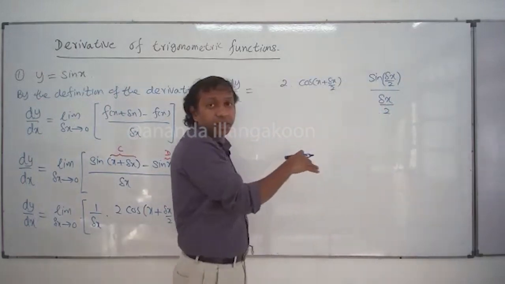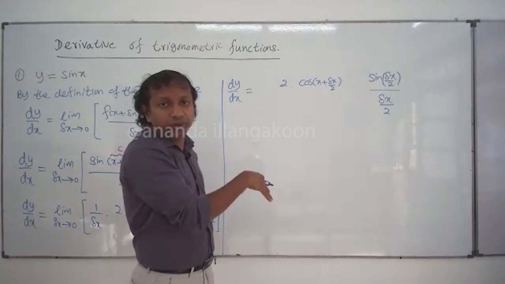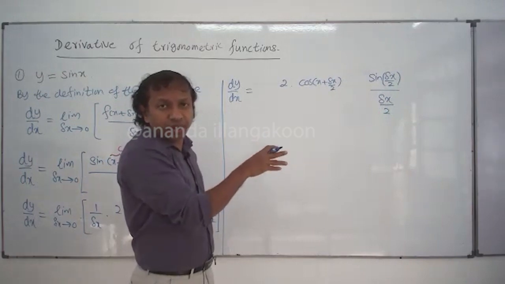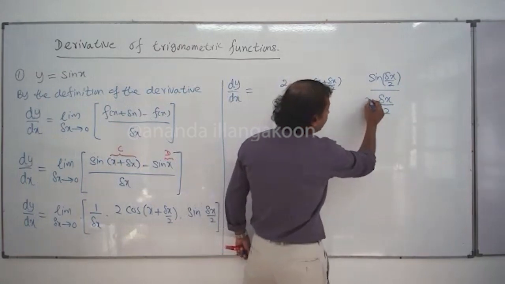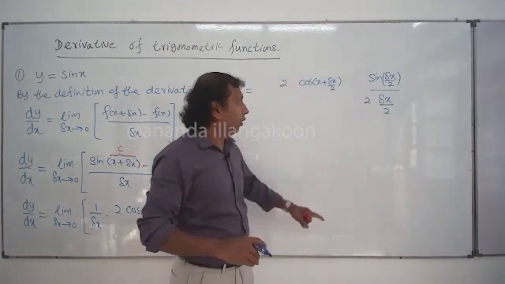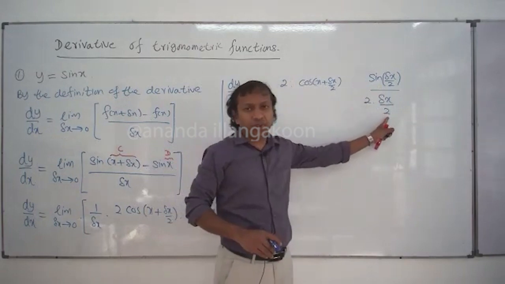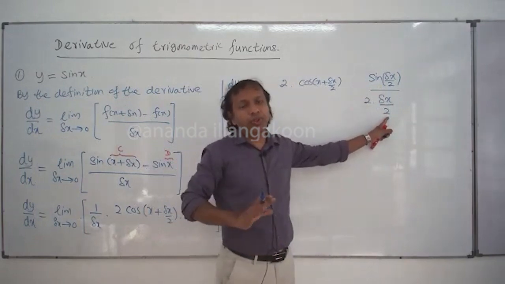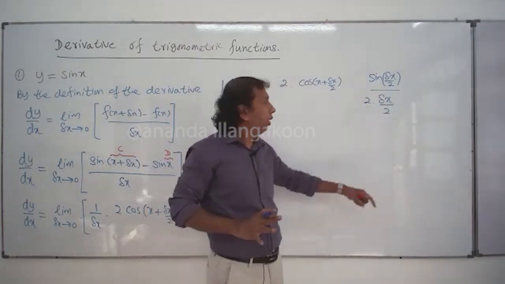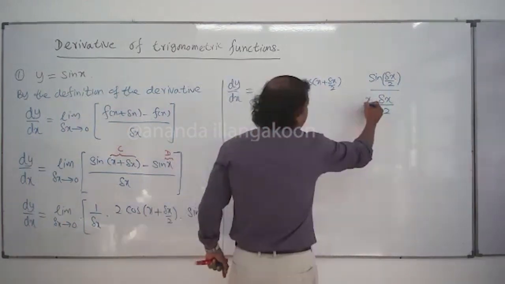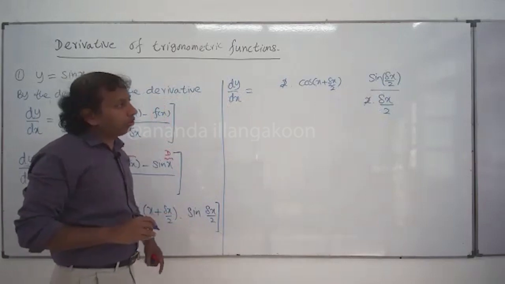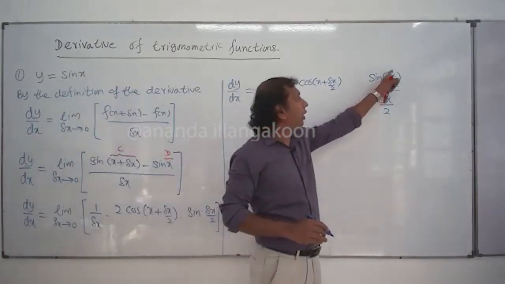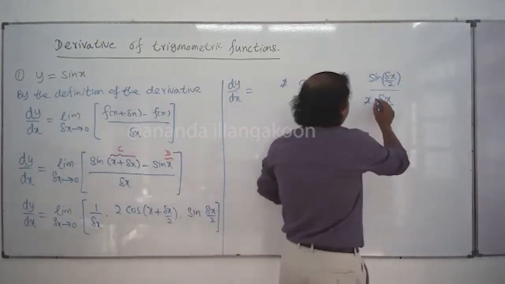Then, dividing this delta x by 2 to cancel down this 2, I write before this delta x another 2. Then this 2 and this 2 will cancel off. Nothing will happen. The same expression only we still have. But this 2 we can cancel down with this 2. Now here we have the form delta x by 2 divided by delta x by 2.